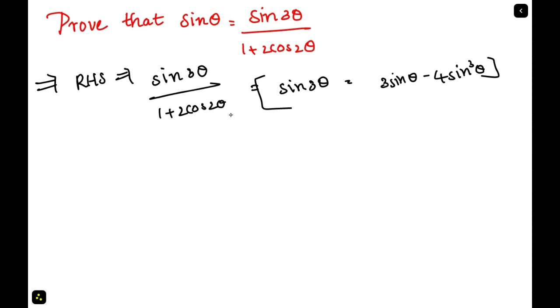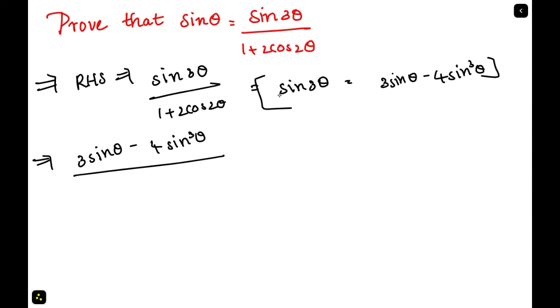This is the formula of sin 3 theta. Let us substitute that formula: 3 sin theta minus 4 sin cube theta by 1 plus 2 cos 2 theta.